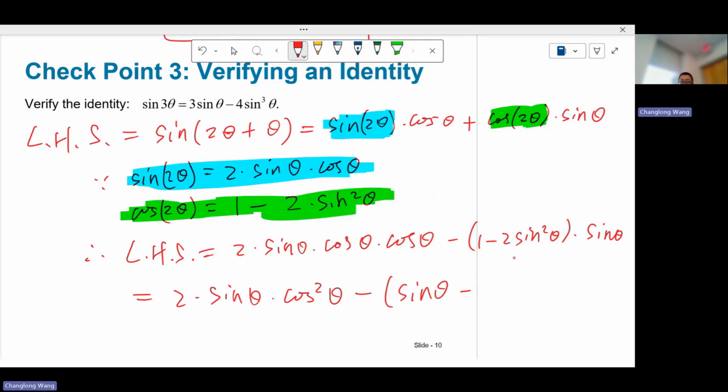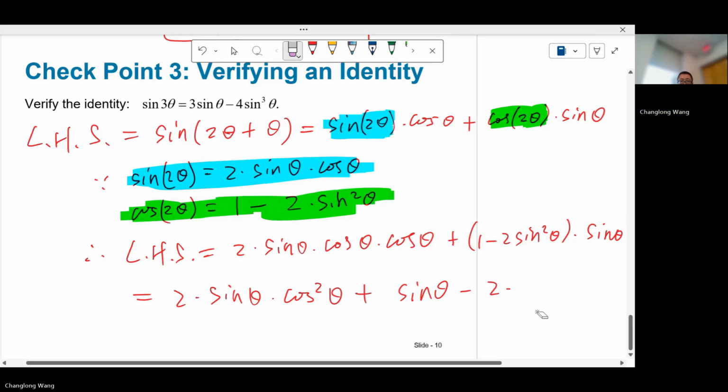When it hits the second term, it's 2 times. Oh, sorry. There's a plus sign, right? It was a plus. So I don't need the parentheses anymore. All right, so basically distribute the sine, you get the first term over here, sine theta. The second term here will be 2 times sine to the third.